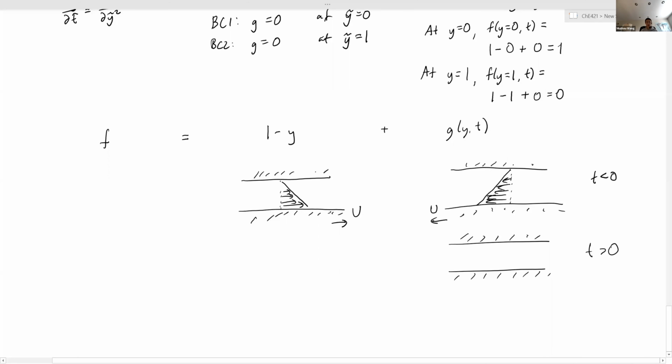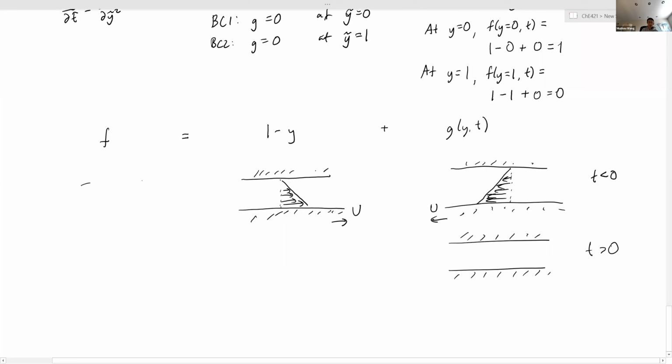And of course, the solution that we cared about is nothing is moving initially, and then at time t equals 0, the bottom plate is suddenly pulled to the right.